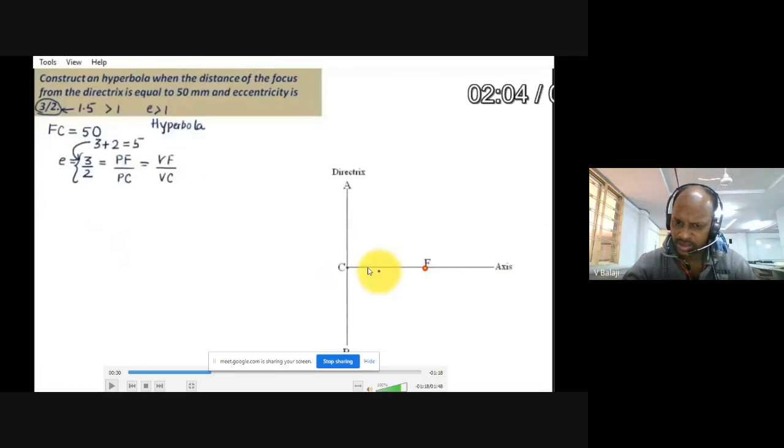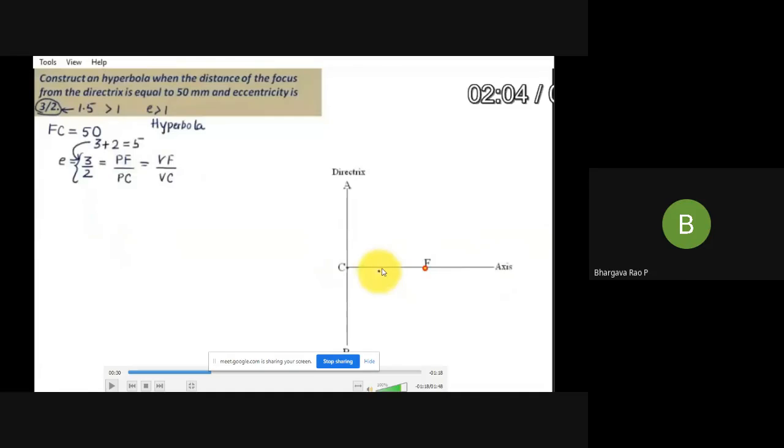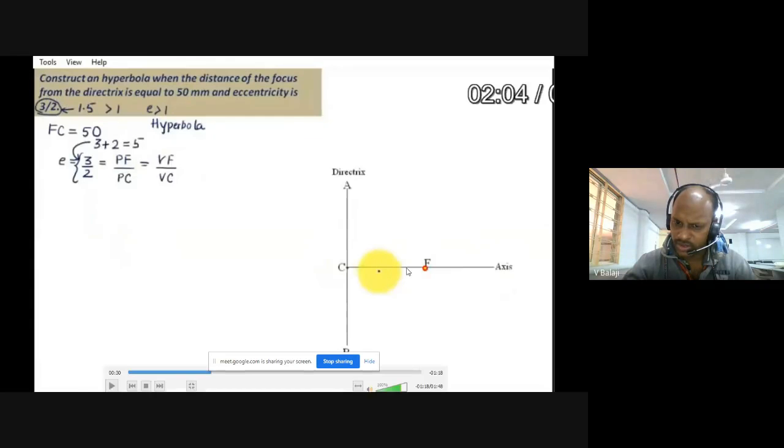You will get five equal parts. You will find some vertex somewhere here. After the vertex you can take one, two, three, so many number of points. There you will draw vertical lines. Forget about the parallel lines we drew earlier. Neglect those lines. You are not interested in that.